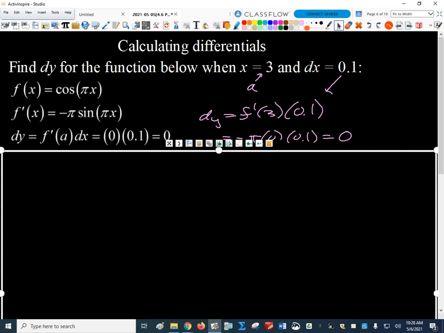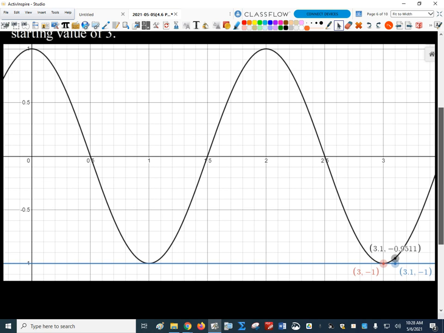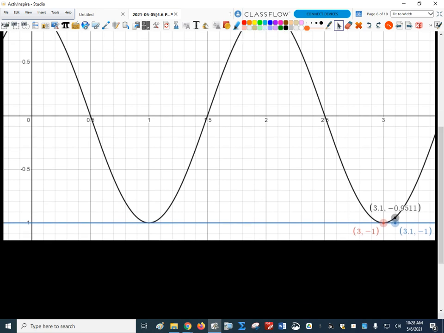What is it actually? It's going to be close. Instead of being 0, it's whatever 1 minus 0.9511 is. So it's less than a tenth. Everybody see that? So it's a good estimate.